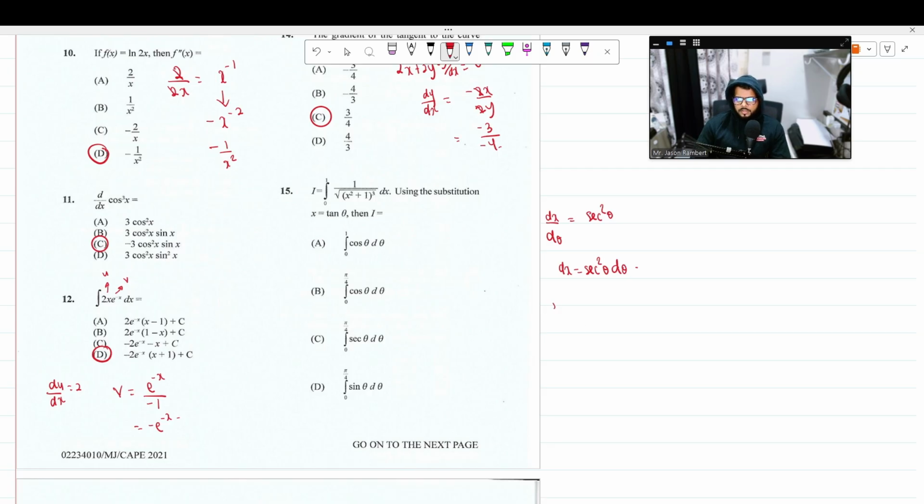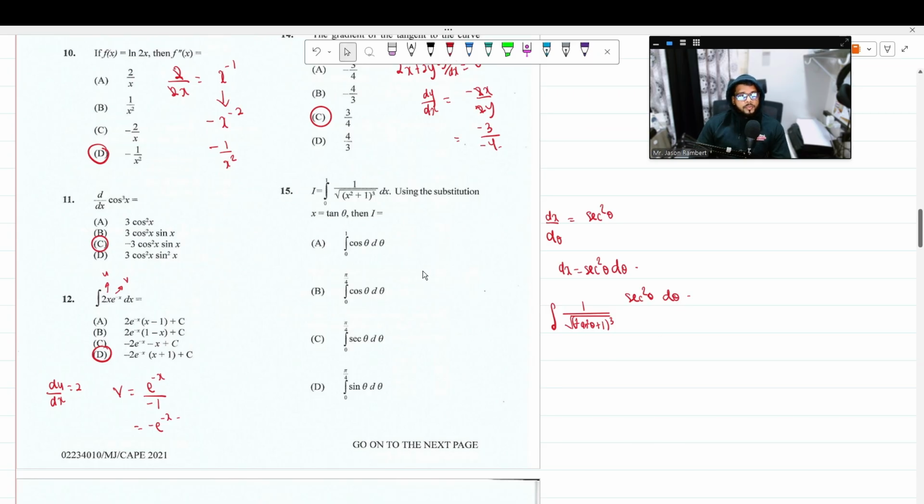So I'm going to get the integral of 1 over the square root of tan squared theta plus 1, all cubed, multiplied by sec squared theta d theta.